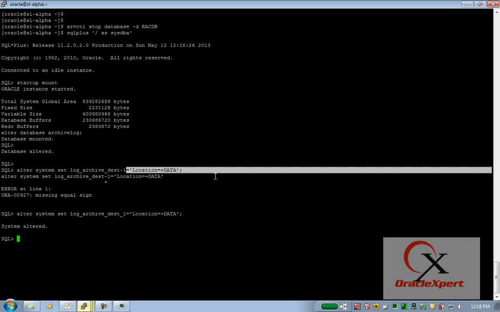I changed my archive log destination to the disk group itself. I am shutting down. Now I can bring up both the instances. I wanted to use srvctl instead of logging in. So now I am saying srvctl start database -d rackdb, both the instances would be started.